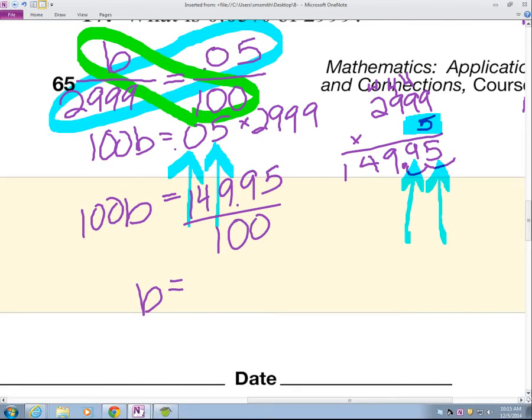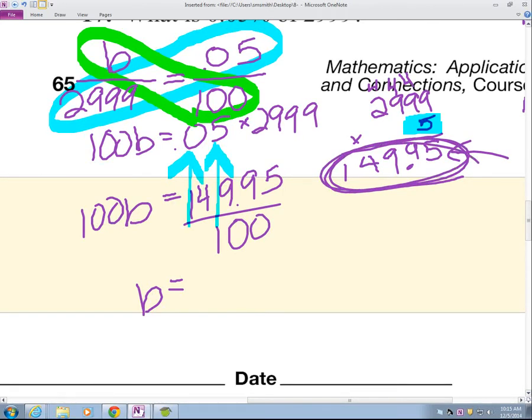First off, let's just say that we are multiplying this number by 100. What would happen to the decimal point? Do you know, Claire? What would happen to the decimal point if I were multiplying 100 to this number? It would move 2 places. What way? To the left, yeah. It would move 2 places to the left.